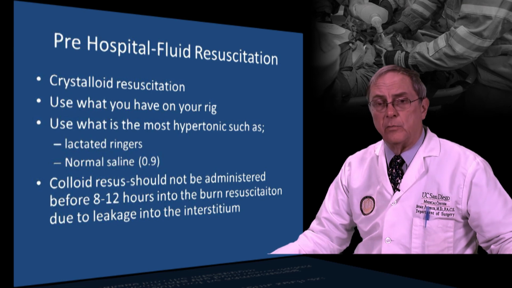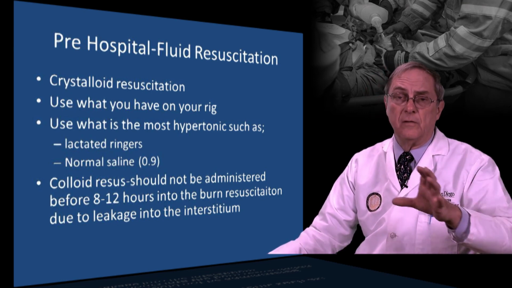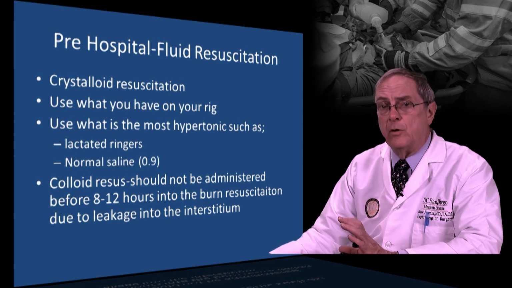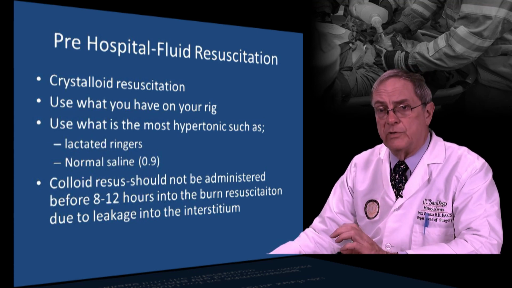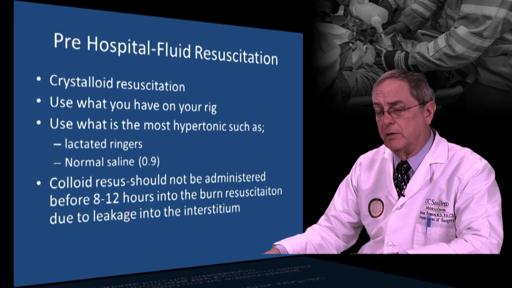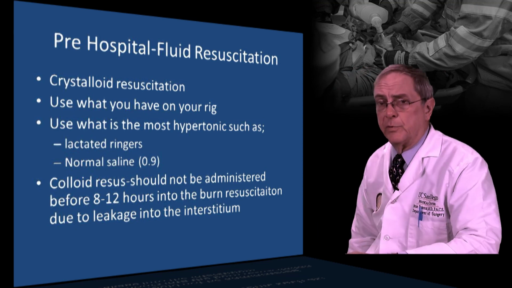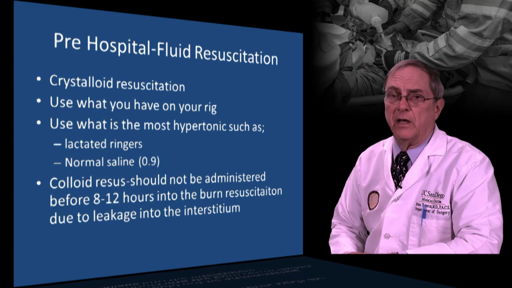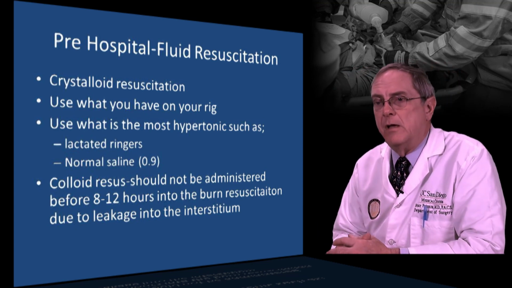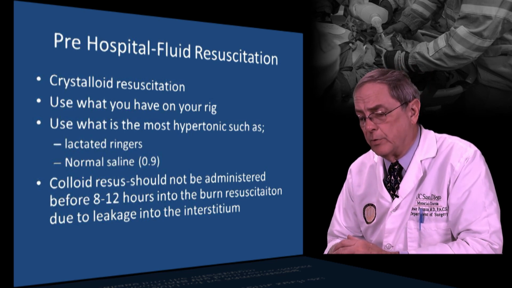In the pre-hospital arena, you really have only two choices of what types of fluids to give with respect to burns, and those are lactated ringers and normal saline. We would prefer that you gave lactated ringers. It has a sodium concentration of approximately 130 milliequivalents per liter versus normal saline that has a sodium content of about 154 milliequivalents per liter.